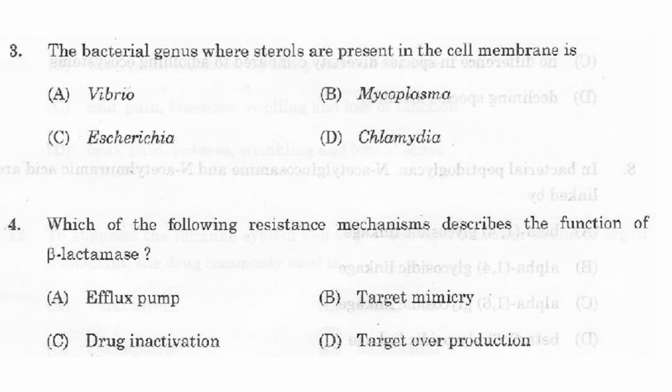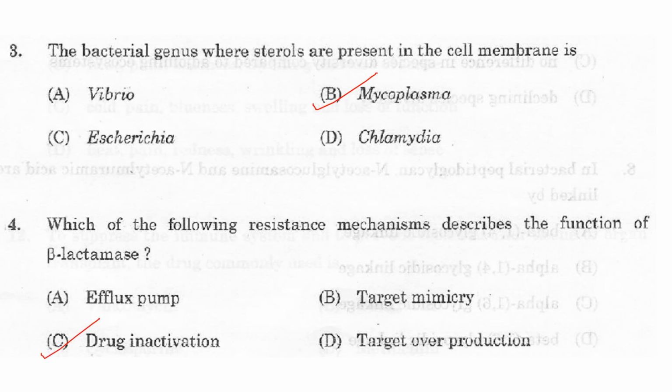Then next one, the bacterial genus where sterols are present in the cell membrane. It is in the case of Mycoplasma, where sterols such as cholesterol are present in the cell membrane. Then which of the following resistance mechanisms describes the function of beta lactamase? It is drug inactivation.